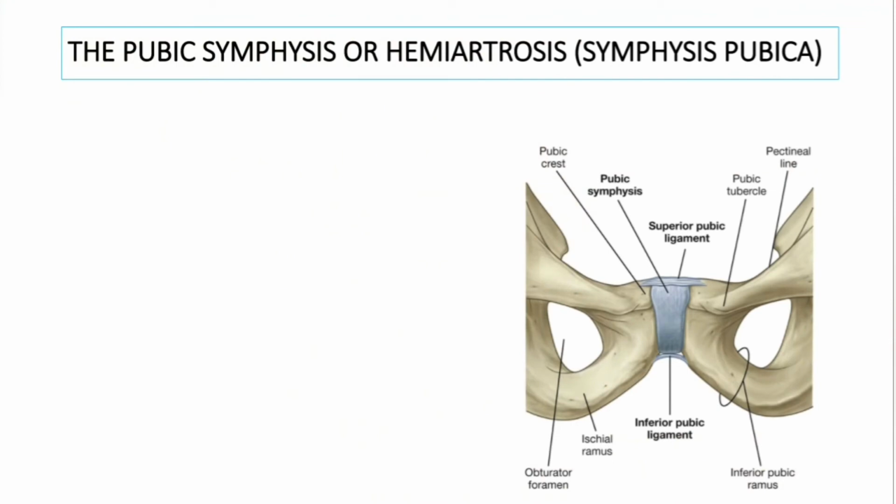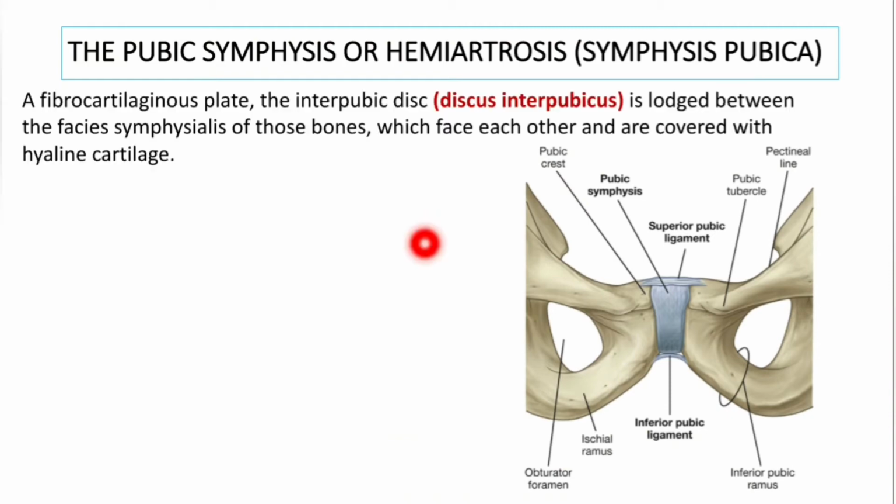Next, we'll talk about the pubic symphysis. Symphysis pubica is a hemiarthrosis. There is a very small cavity inside. Between the symphysial surfaces of these two hip bones, there is a fibrocartilaginous plate. It's called the interpubic disc, Latin name discus interpubicus. So it's lodged in between here.